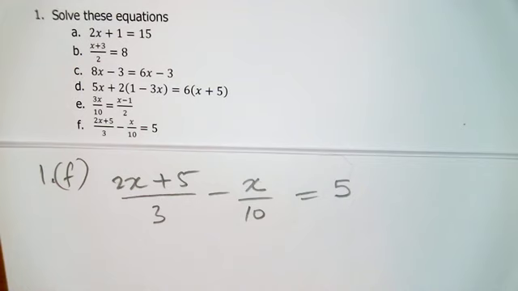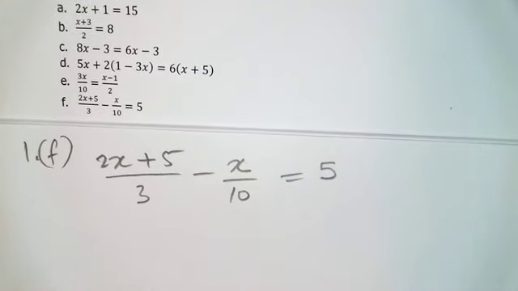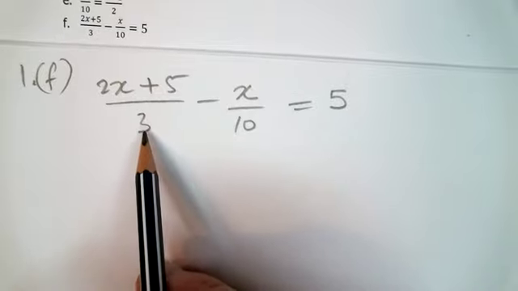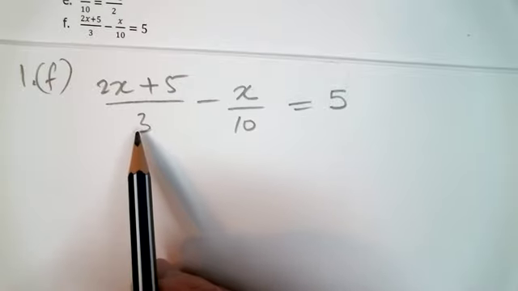So I'm just going to have a bit of a play with this, and let's have a look at a couple of different approaches. The first thing I really want to do is get rid of the denominators. Fractions are a bit of a nuisance at the best of times in algebraic solving. So I'm tempted to multiply everything.